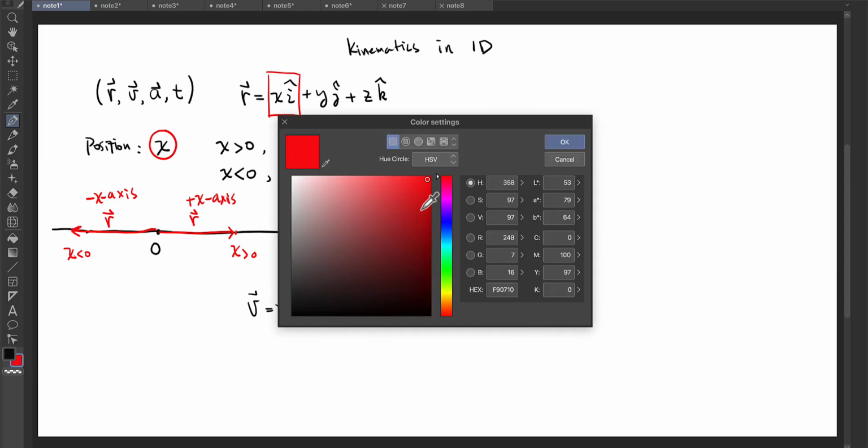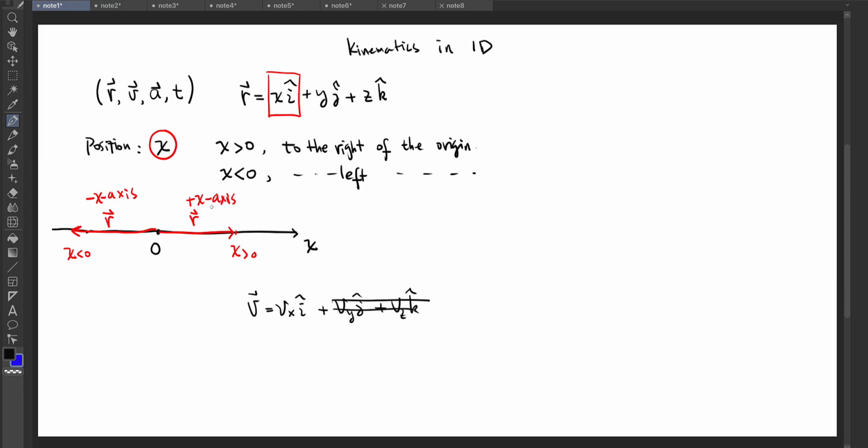If I want to draw the velocity at this instant when the object is here, I'm going to use a different color. Let's say the object is moving to the left. So the velocity is this way. That would be vx, pointing to the left. That would mean this vx is negative, because it's pointing to the left.